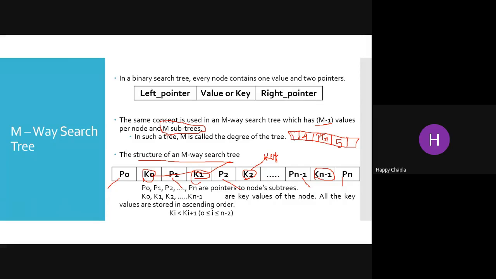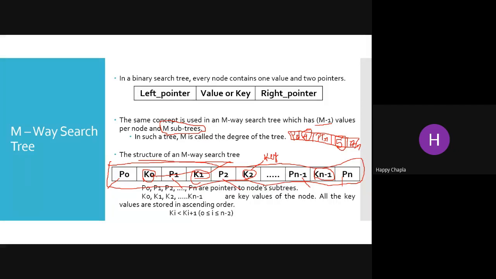This is PTR 0, this is PTR 1. So we are trying to insert more than one value in the same node. Here, this entire rectangle is known as the node, and that node contains more than one value as well as the pointers. Value is known as the key. Over here, when you are defining the m-way search tree, the value is known as the key.